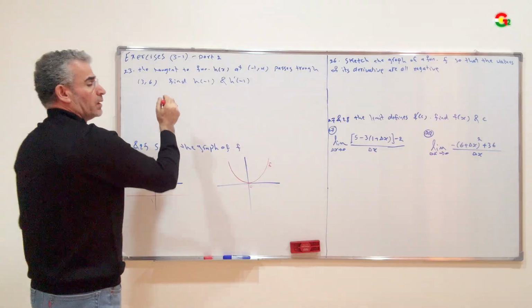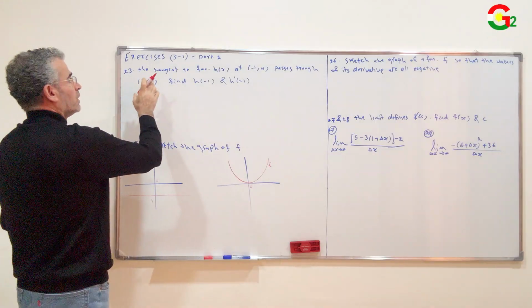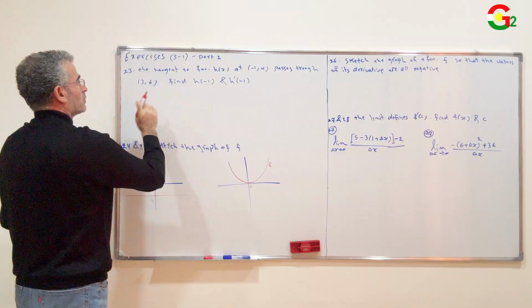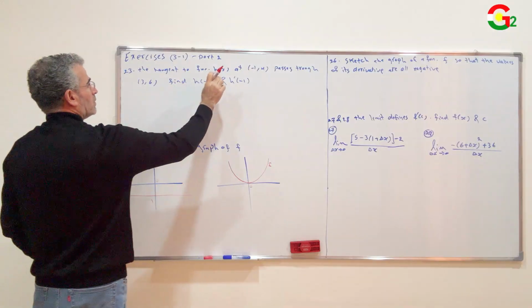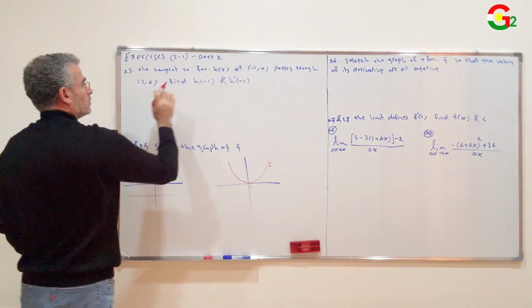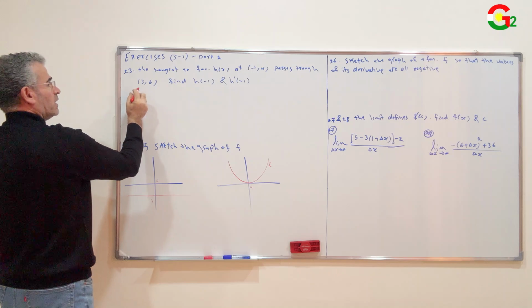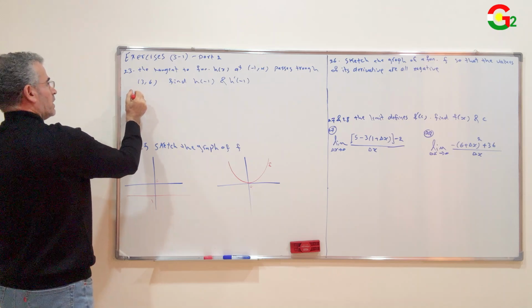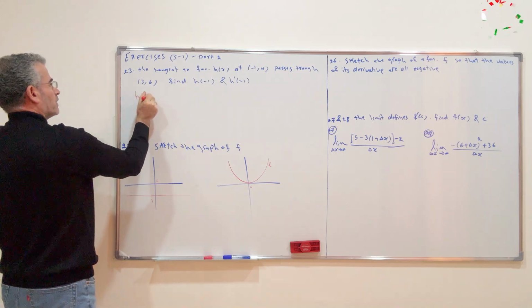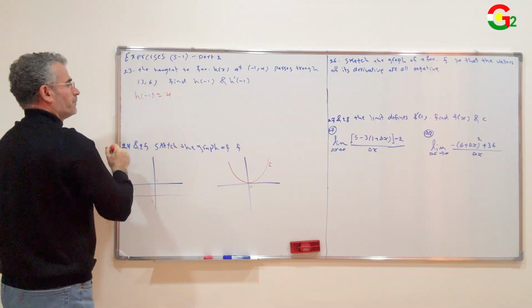The point of tangency belongs to the tangent line and belongs to the graph. So (-1, 4) belongs to the graph of h(x), yes. Then h(-1) equals 4.